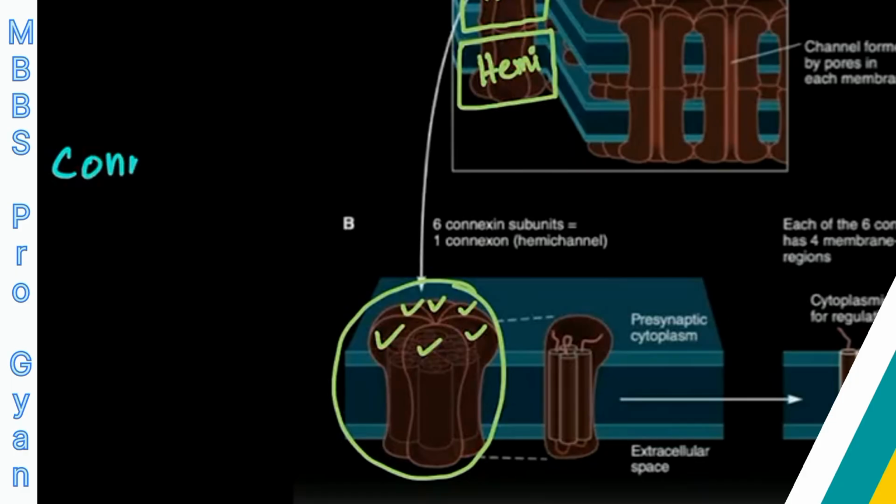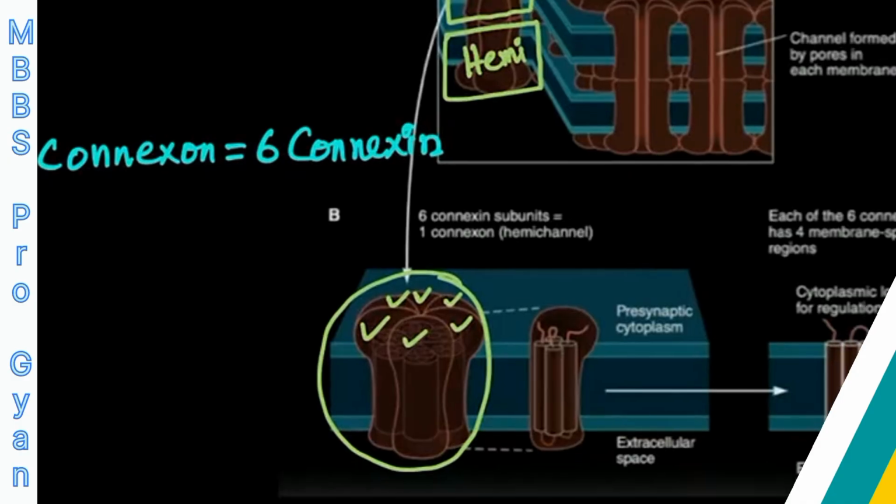So one connexon is equal to 6 connexin molecules, okay? And 2 hemichannels form a gap junction, right? And one of these hemichannels is composed of 6 connexin molecules, okay? So connexin is a subunit of the connexon, okay?